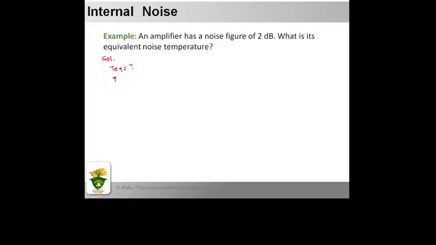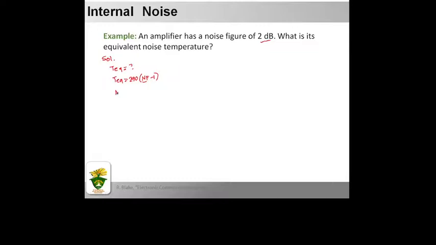Recall that T equivalent, or the equivalent noise temperature, is equal to 290 times NF minus 1, where NF here is in ratio. So we must find the noise figure in ratio. Since we are given a noise figure in decibel, let us convert it first to ratio.